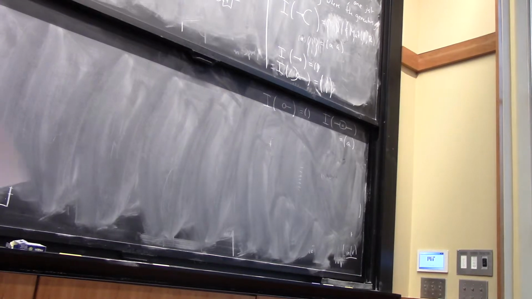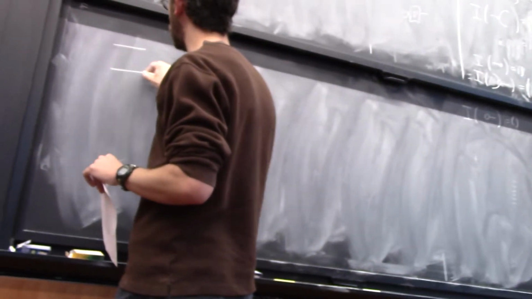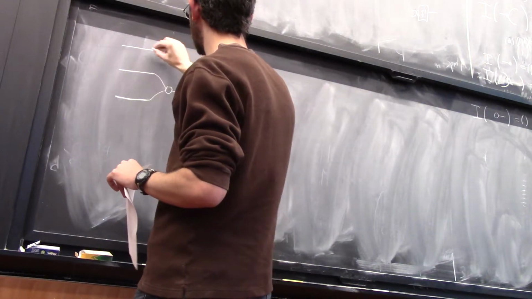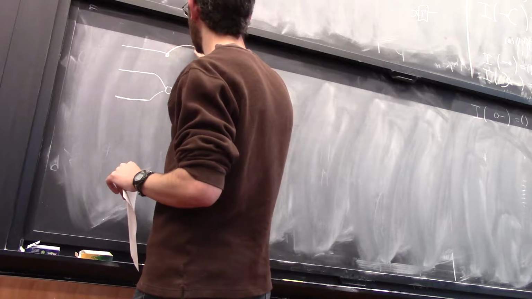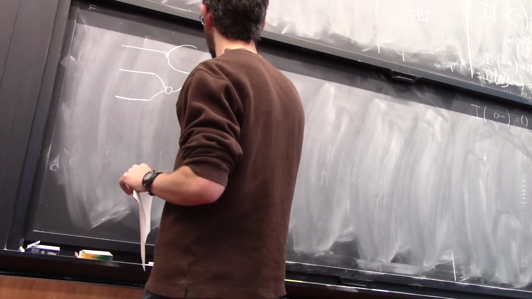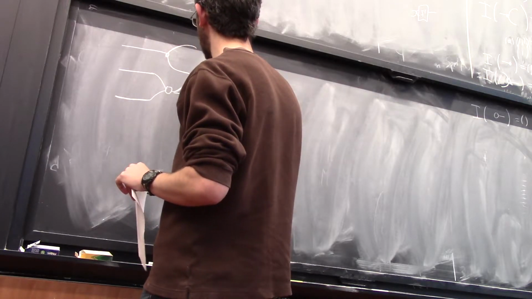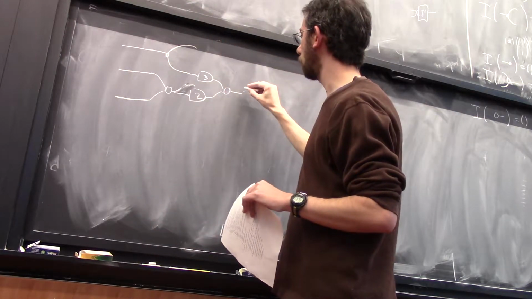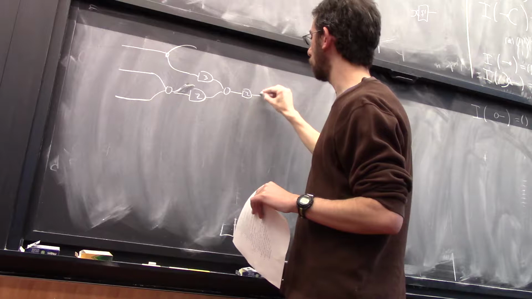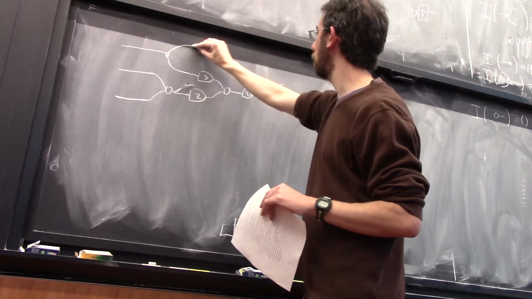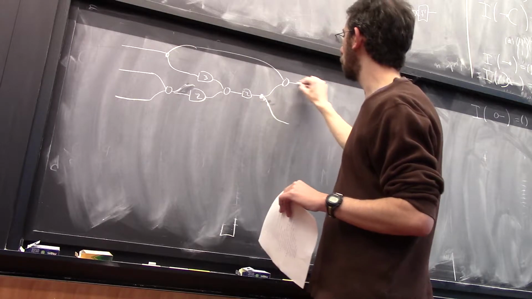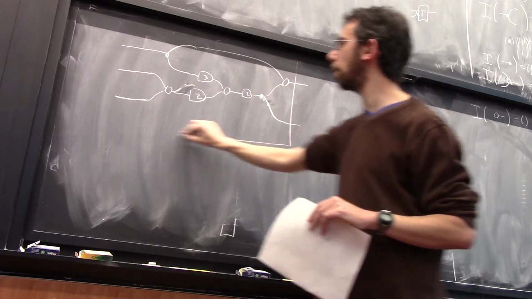Okay, so why is this interesting? What this says is that for any signal flow graph, like this one, here's a signal flow graph.